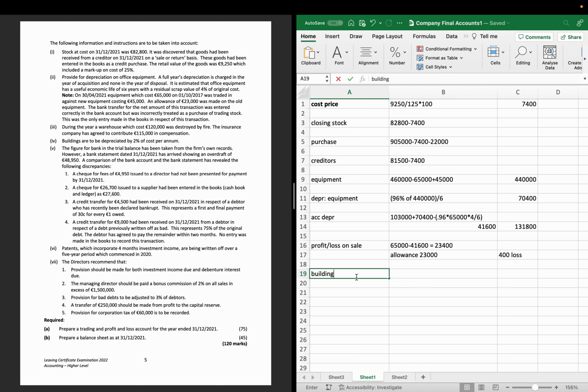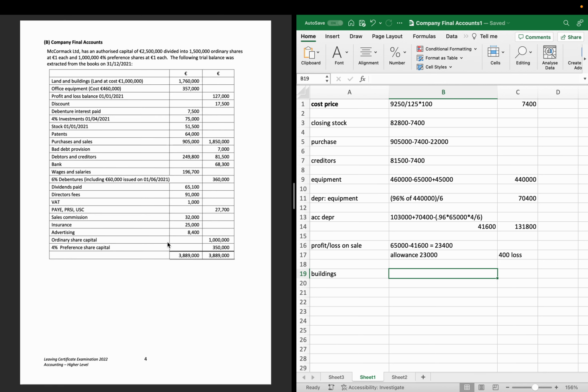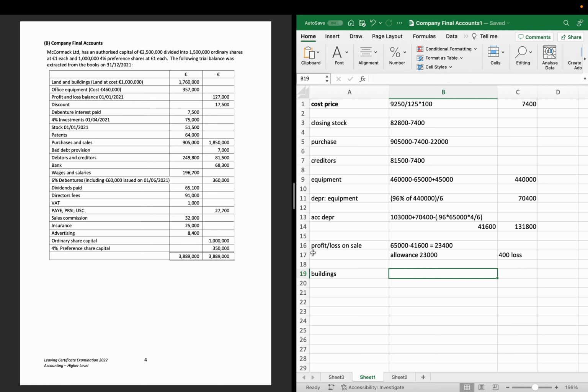So buildings have to come down by 120, or land and buildings have to come down by 120. So you've got 1760, it's this number here, minus 120. So that's 1640.